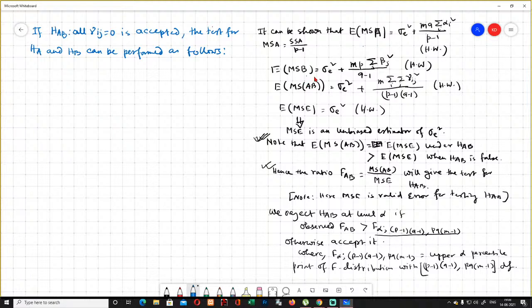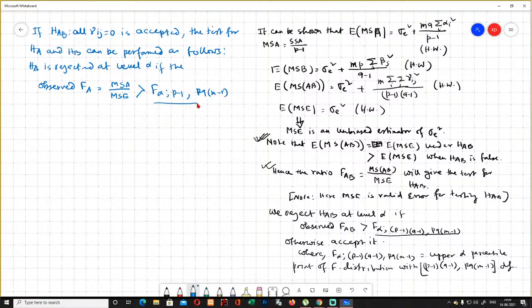Okay, so HA is rejected at level alpha if the observed F, I denote this by FA, since MSE here is a valid error, so if observed FA, which is MSA by MSE, is greater than F alpha, P minus 1, PQ into m minus 1.